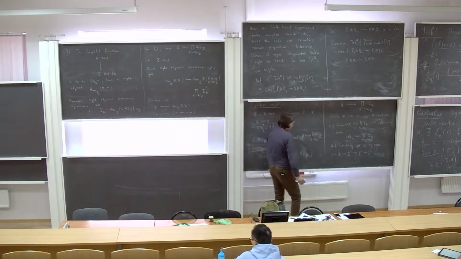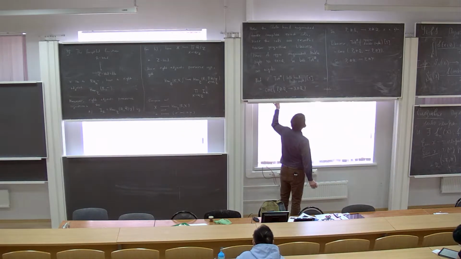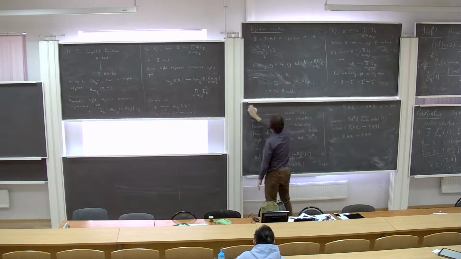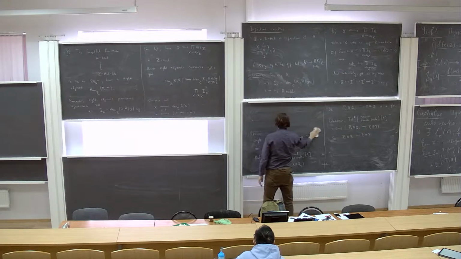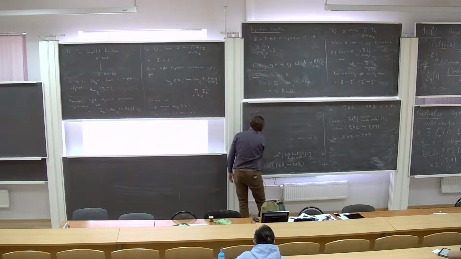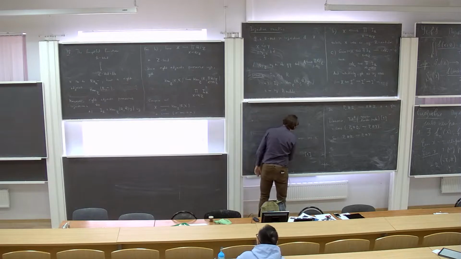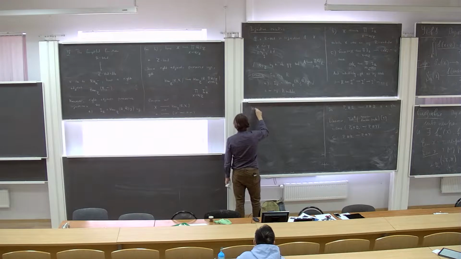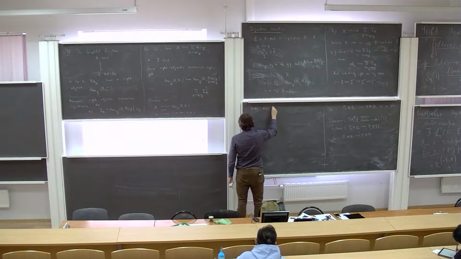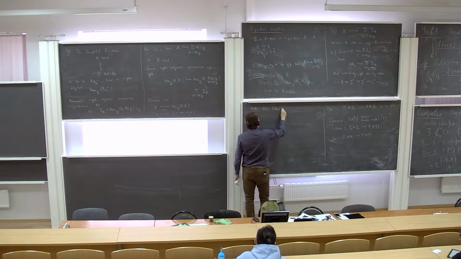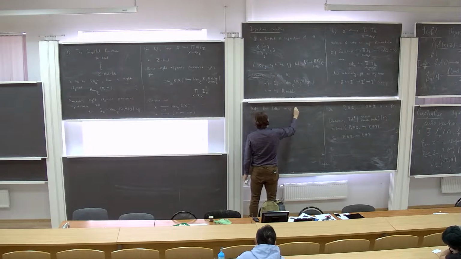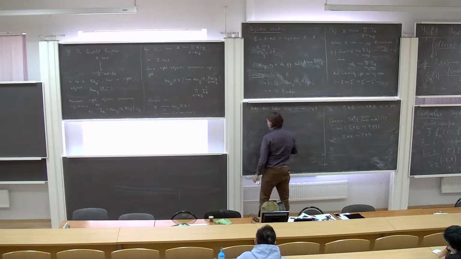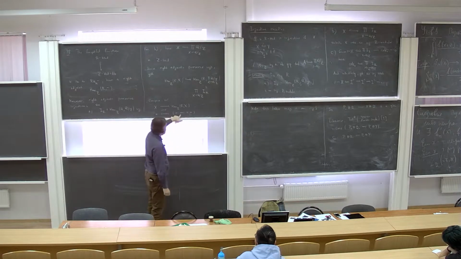Okay, so I have a map like that, and I claim that map is an injection. And so when I compose these two, I'll get the injection I want. So note this latter map is an injection, because suppose X went to 0.